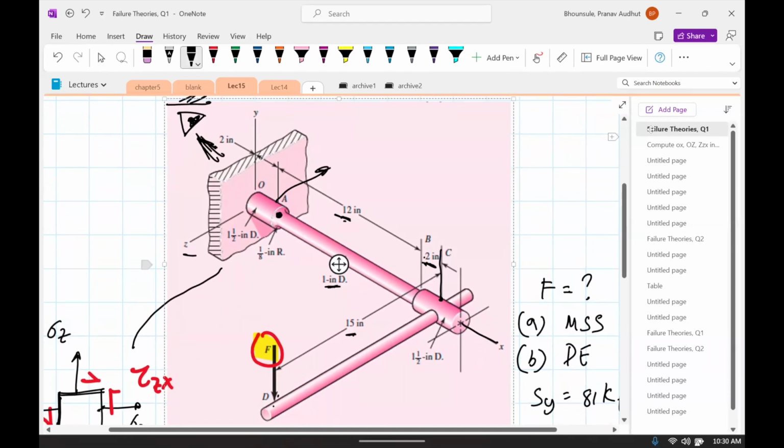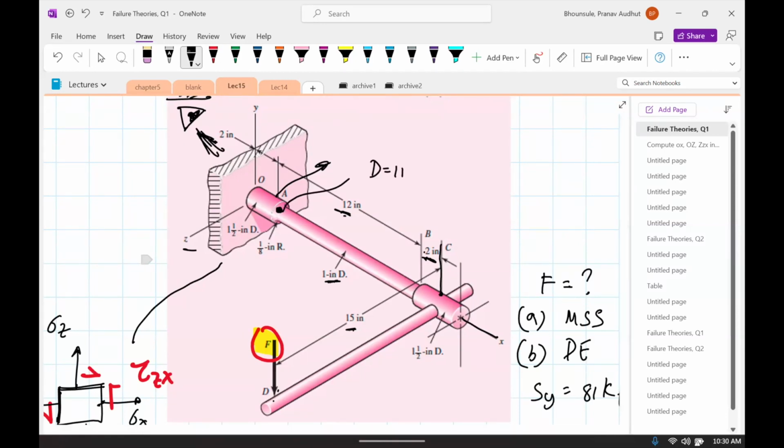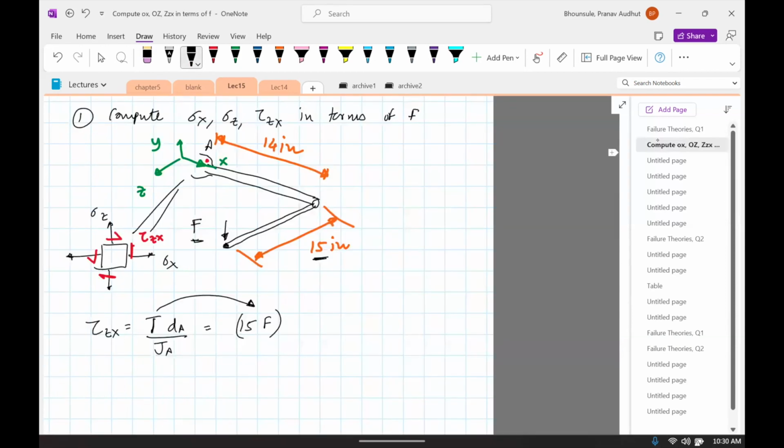Well, let's assume that A is on the 1 inch. Let's make our life easy in calculation. So assume that this is on the d equals 1 inch. Doesn't change much.